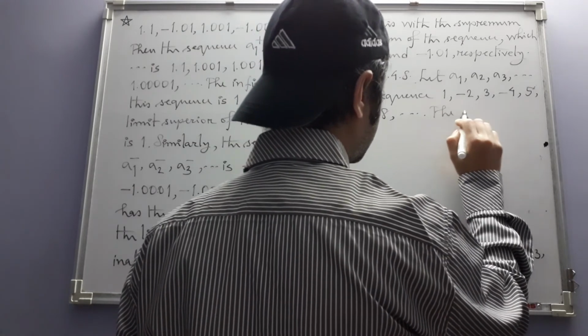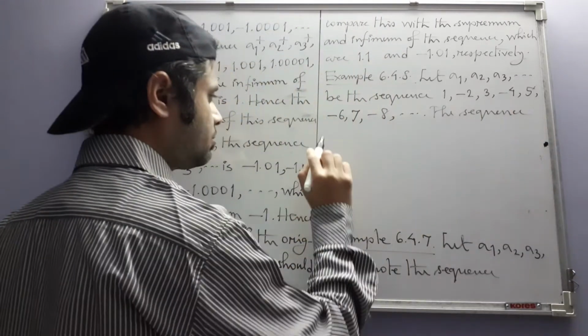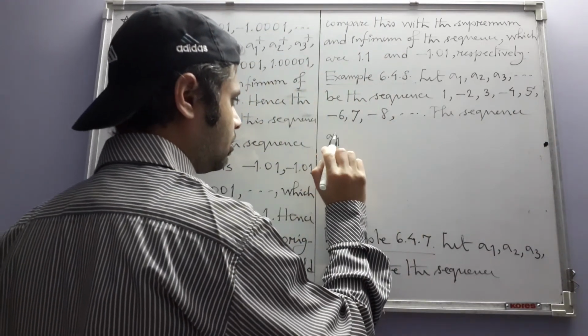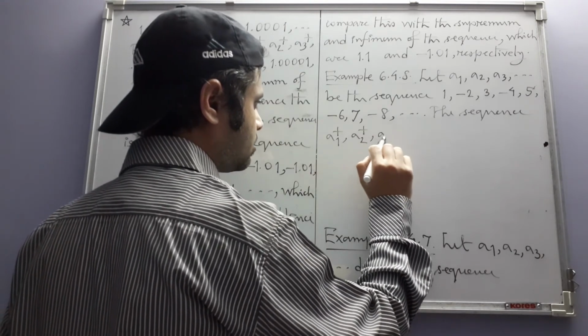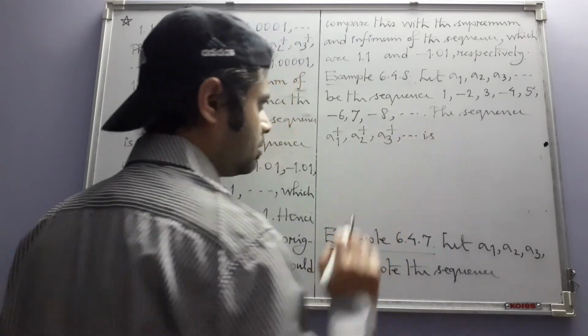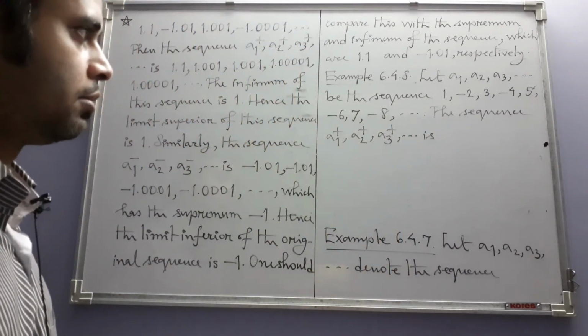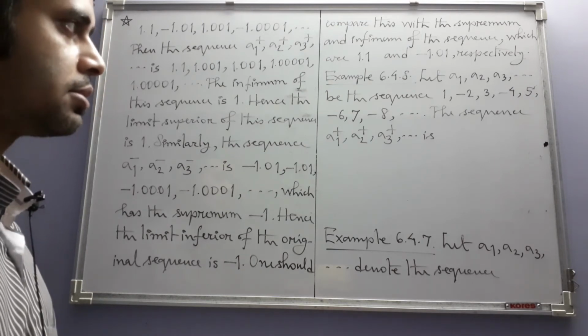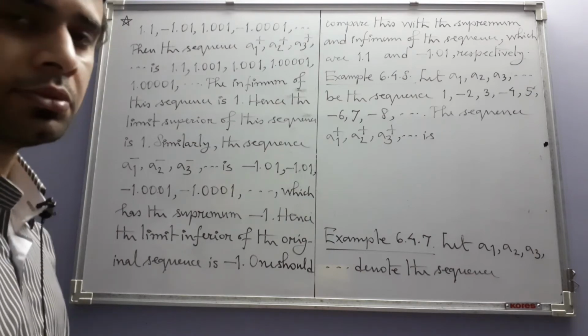The sequence A1 plus, A2 plus, A3 plus, etc. is, okay, this time, does the original sequence have any upper bound?